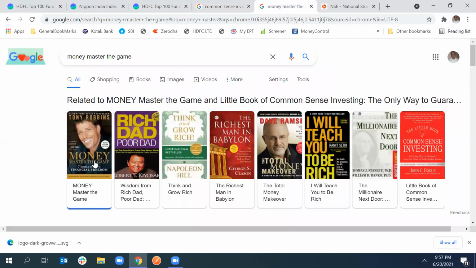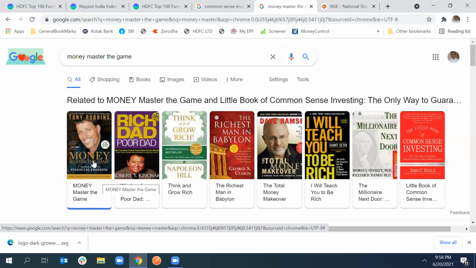And there is another guy, his name is Tony Robbins. He wrote Money Master the Game. This book teaches you all about what investment is, what stock market investment is, and how it has really been done successfully. Many investors fail to understand what stocks are and what a mutual fund is, right? This is a masterpiece.